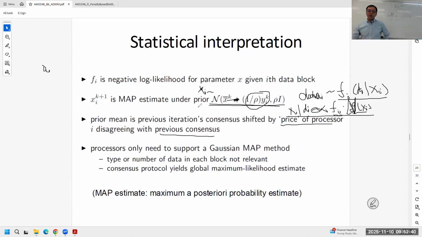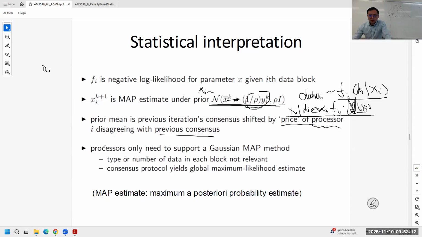So the mean of the prior distribution is not random. It comes from the consensus of the previous iteration shifted by some value, the amount by which processor I disagrees with the previous consensus. As they agree more and more with each other, this shift will become smaller and smaller as well.